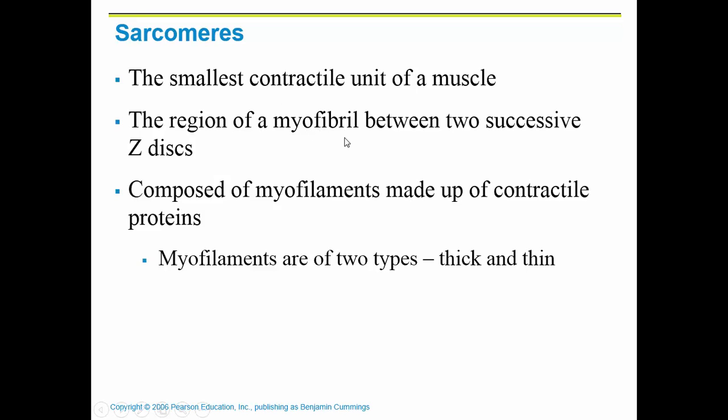Each myofibril is composed of myofilaments, and the myofilaments are made up of protein. And again, I touched on this in the last lecture. We have many mitochondria in our muscle cells.